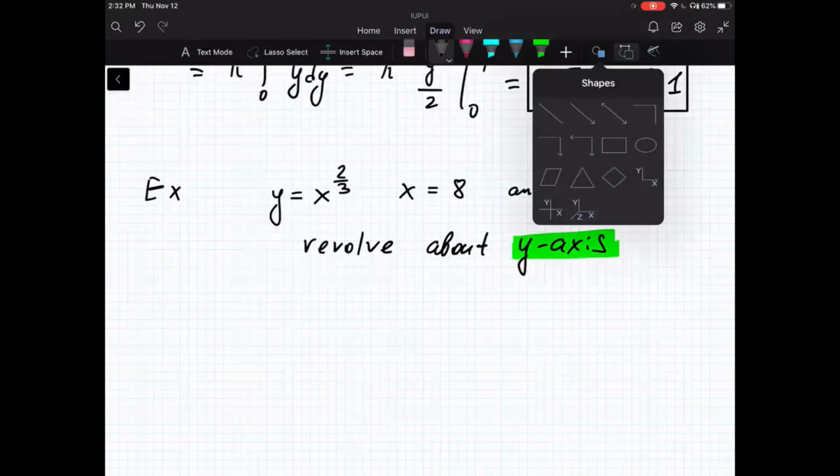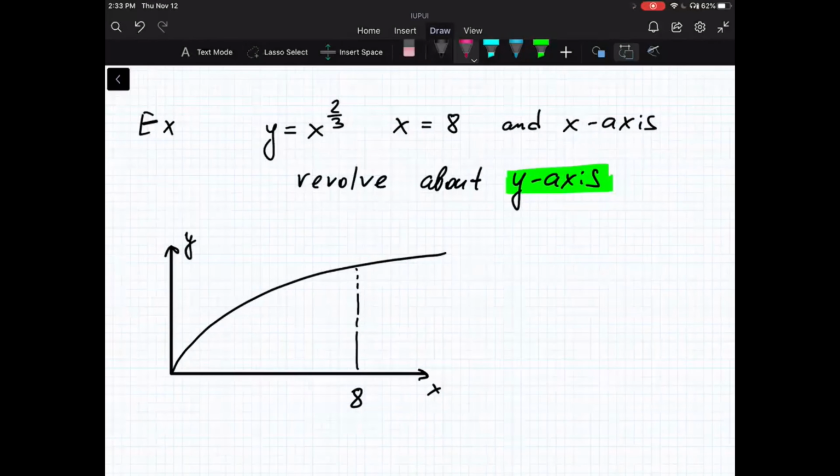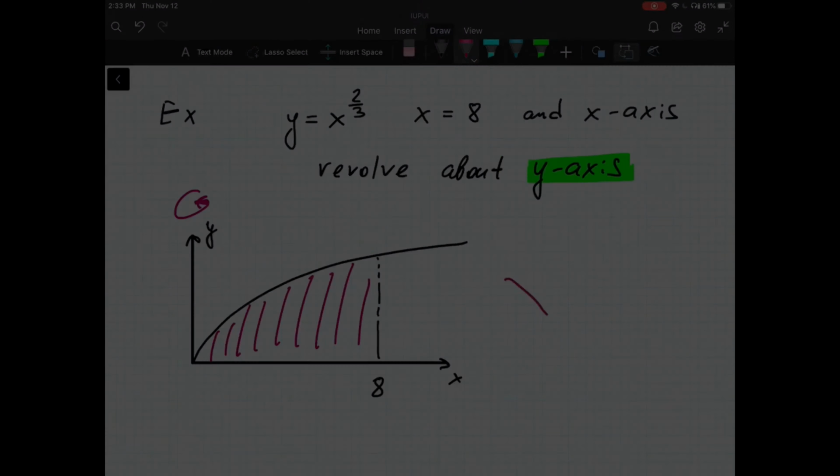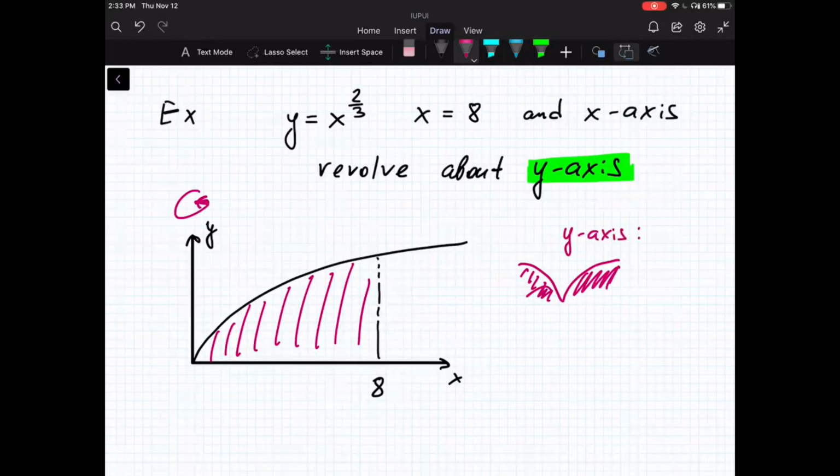Again, let's draw a picture. So I have this region, but again, I want to rotate it around the y-axis. If I slice it, it will look like this. But if I rotated it about the x-axis, the picture will be completely different, because then the slice will look like this. So you see, indeed, volumes are very different.